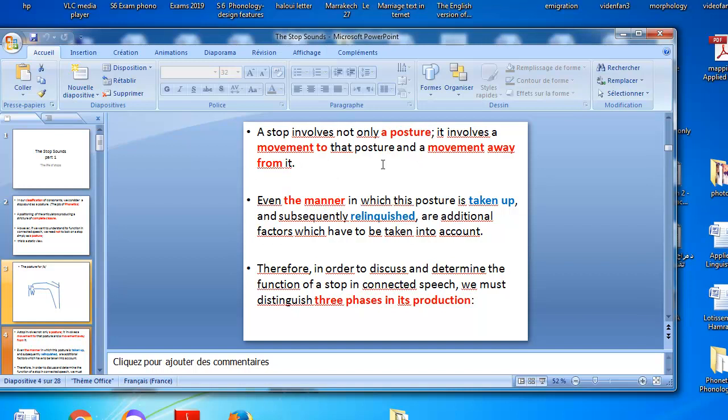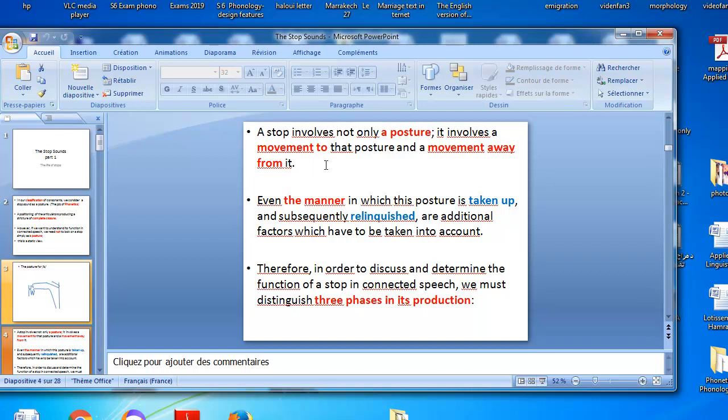So what do we notice here? We have three different things. We have the posture, the central element. But before the posture, there is going to be a movement to it. And after the posture ends or is finished, normally we should move away from it.